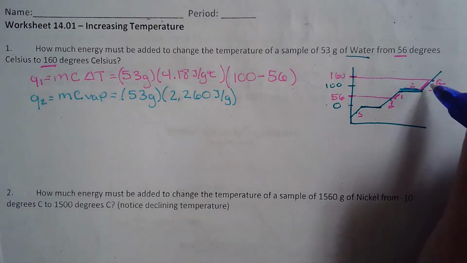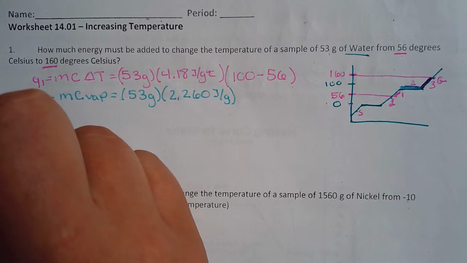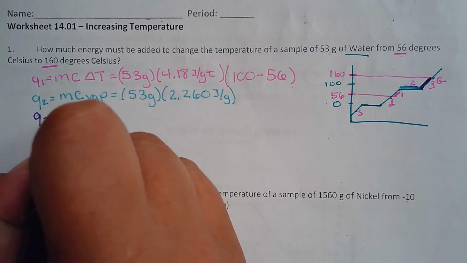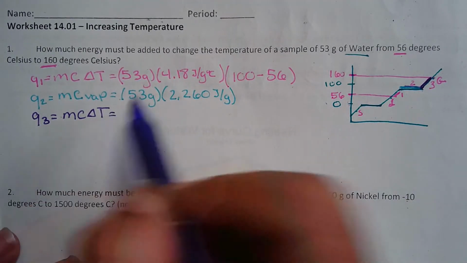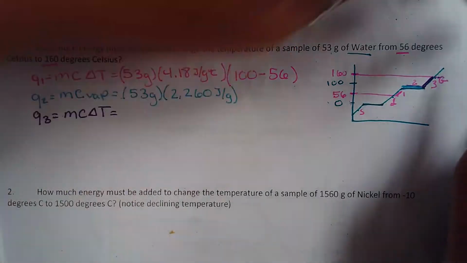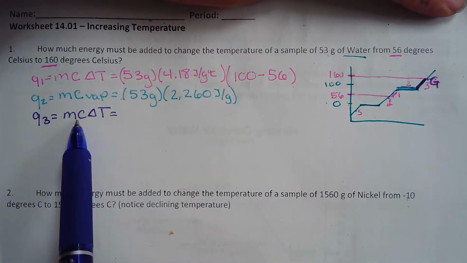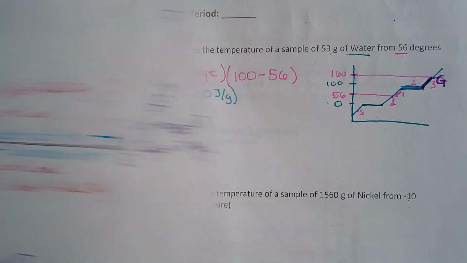And then last, we have to go through section 3 right here. For section 3, it's another change in temperature, so we're going to use MC delta T. This time, we're in the gas phase, so you're going to use the specific heat for gaseous water.